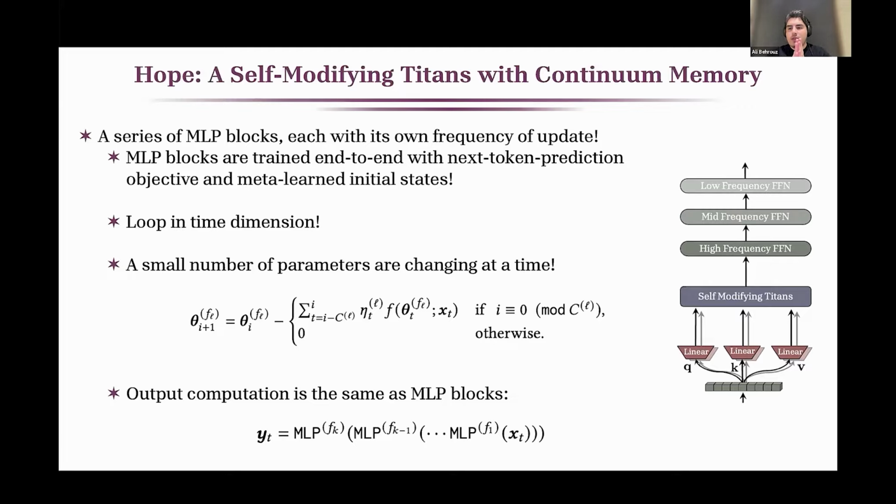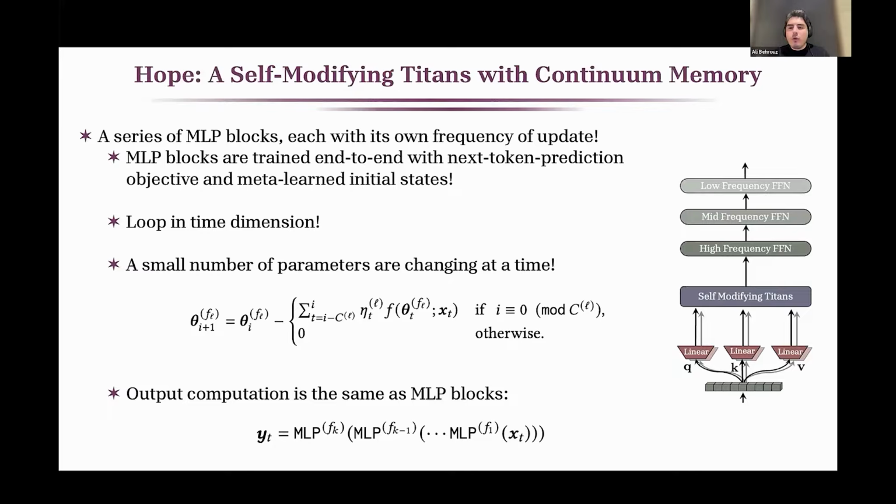It's basically just simple MLP blocks, but each of the MLP blocks is updated with a different frequency. So if we have three MLP blocks, the first one is updating very fast. The second one is updating at a middle frequency. And then I have a more persistent long-term MLP block. All of them are trained end to end and use next token prediction loss to update their weights.